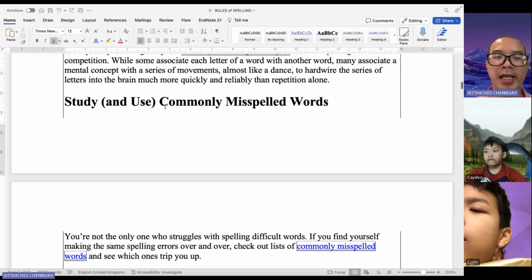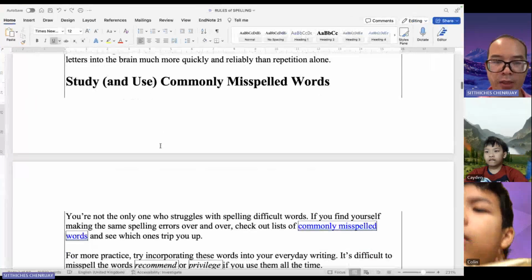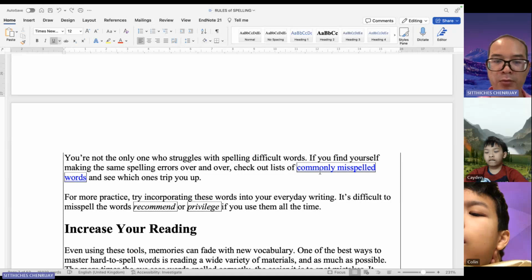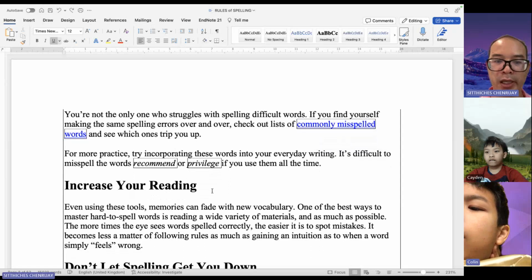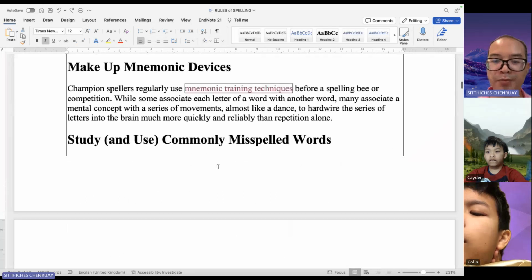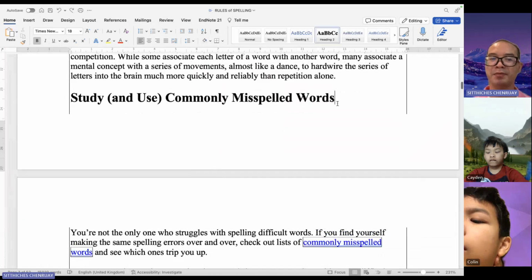Then study and use very commonly misspelled words. For example, recommend, privilege. How do you spell privilege? Can you tell me? P-R-I-V-I-L-E-G-E.